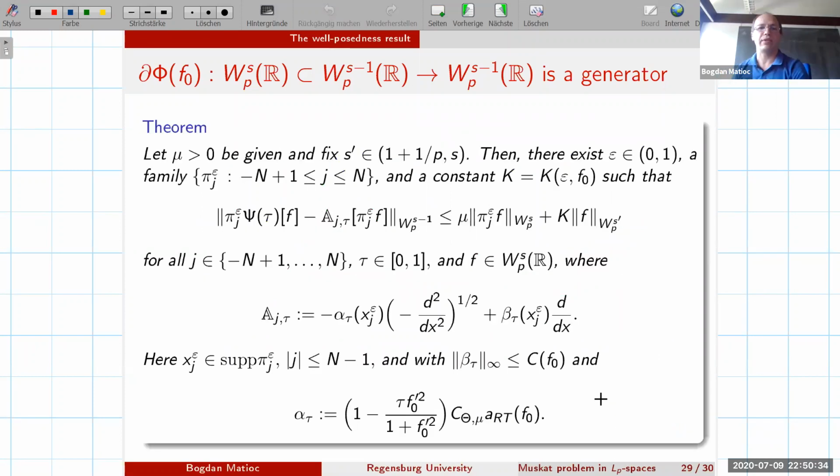And here is a technical result saying how we localize this operator.